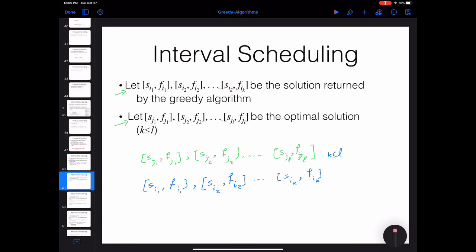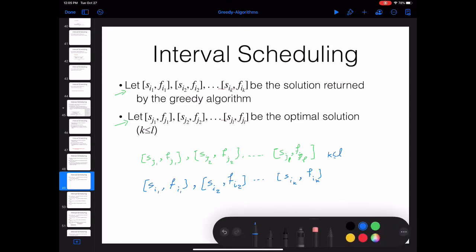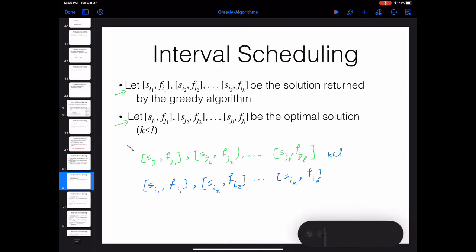How am I going to prove it? The thing is, just assume, in both the optimal and also greedy, I have sorted the jobs based on finish time.